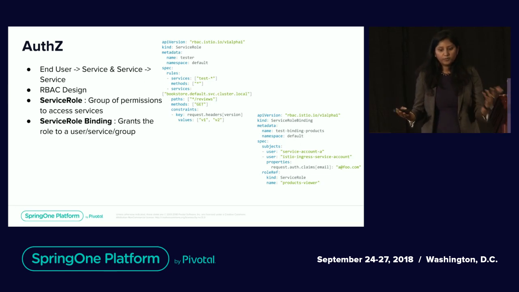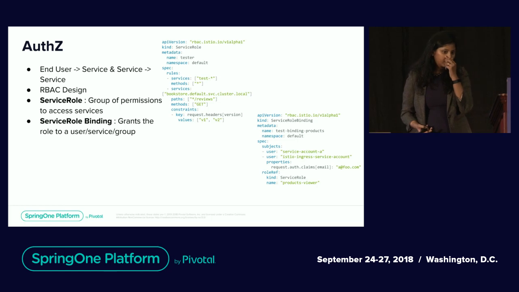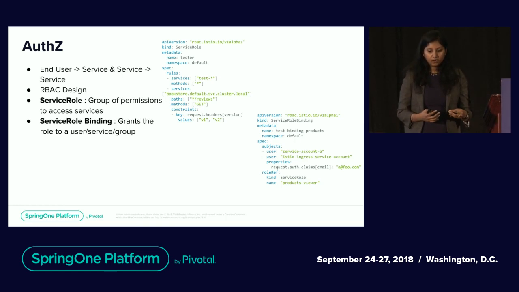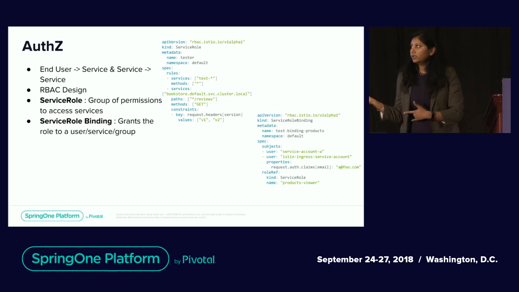If you're familiar with Spring Boot and Spring Security, you know about annotations, right? So you can have annotations on methods, and those annotations are driving decisions based on a certain identity that has been received. It could be a SAML assertion or a JWT token. So it's very similar to this, but the good thing here is you can do this for any language.